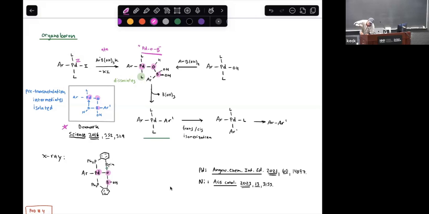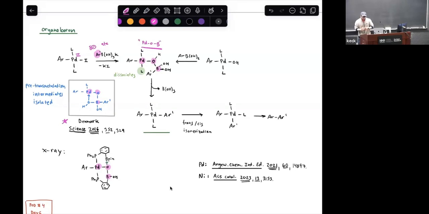We draw the formal charge as lying on boron, but in fact, the negative charge lies on the surrounding ligands and particularly on the aryl group. So that aryl, that ipso carbon, that migrating carbon becomes more nucleophilic upon formation of the ate complex. So when you form the ate complex, this becomes more delta negative.